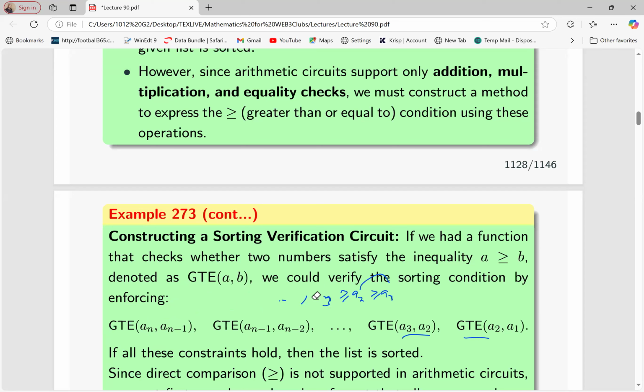Once we are done with that, we can come up with an arithmetic circuit that is able to verify that a given list is sorted. So once we have that function, then we are done.